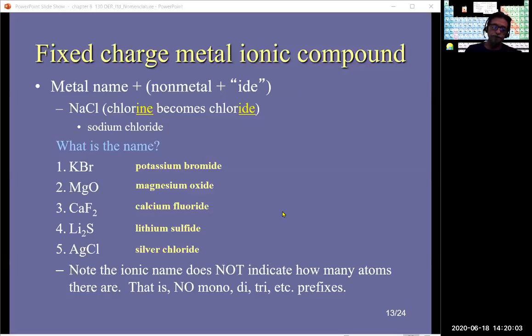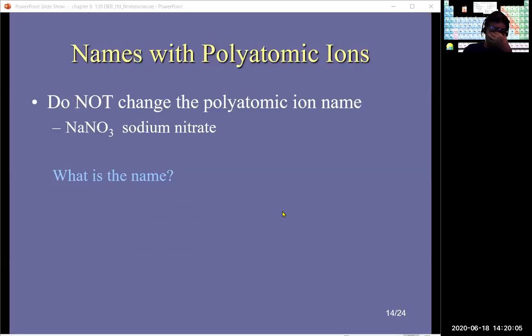All right. So when we're dealing with the polyatomic ions, this is where it takes a little practice. Because you look at that NaNO3, it's a matter of practice and recognizing that you're dealing with nitrogen and 3 oxygens combined.